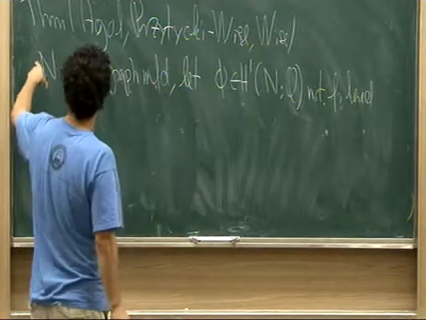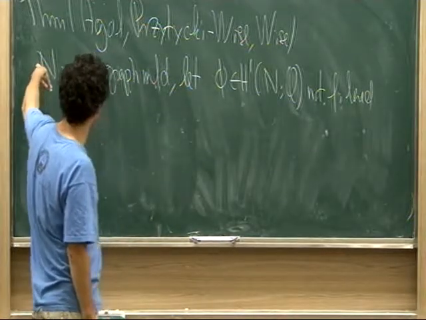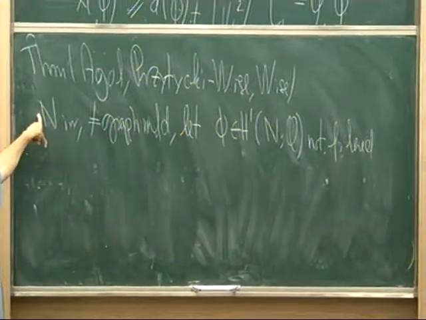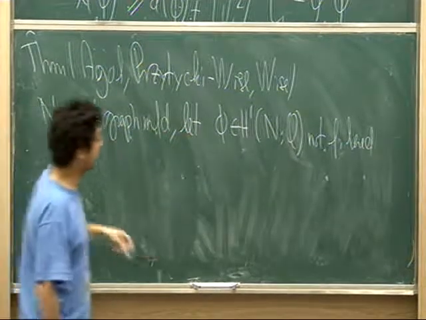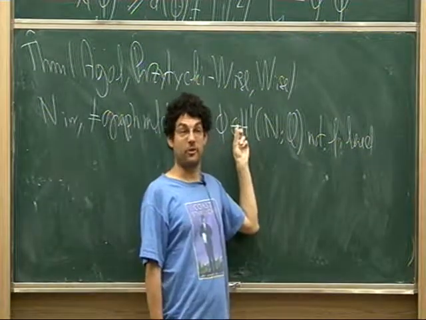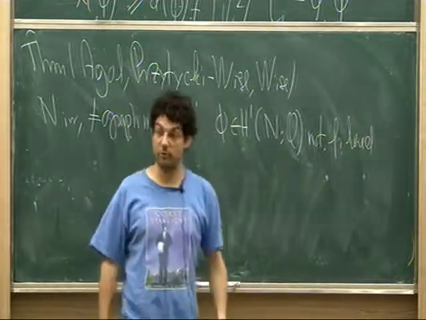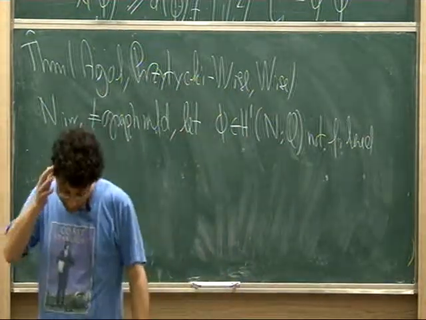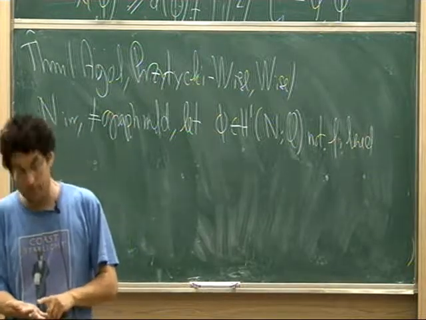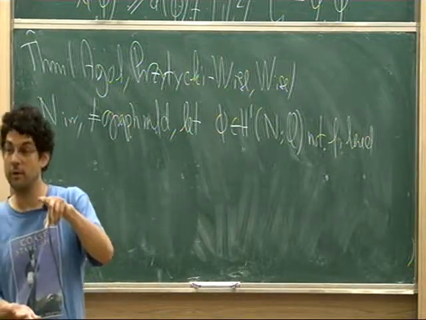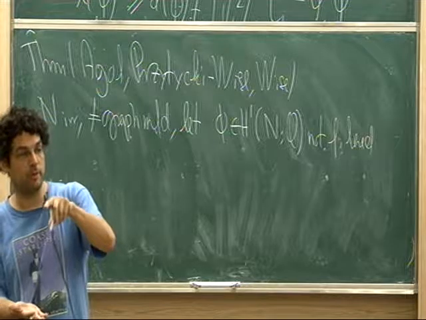So the theorem says, if you have an irreducible 3-manifold that's not a graph manifold, and you have a non-fibered class, and for non-fibered classes we're sort of out of luck at the moment, you can ask, perhaps if I go to a finite cover, I can make it fibered in a finite cover.